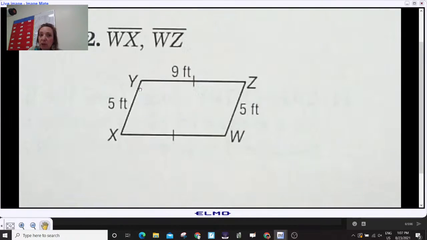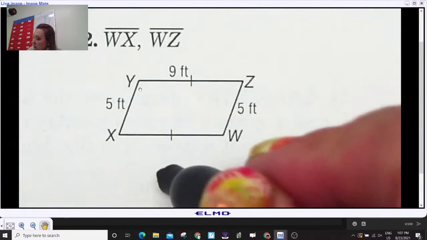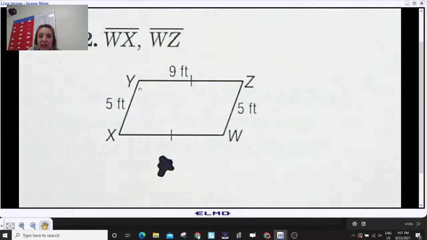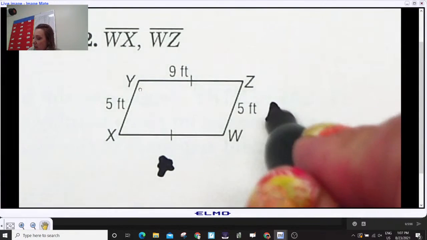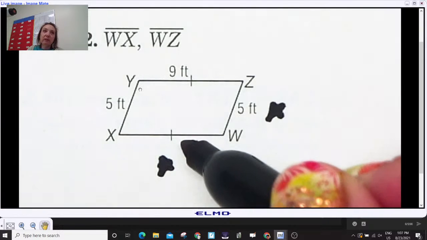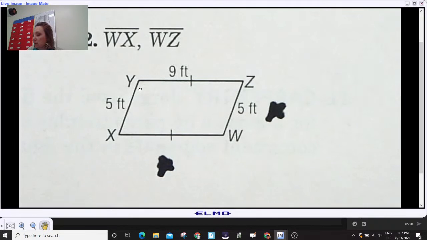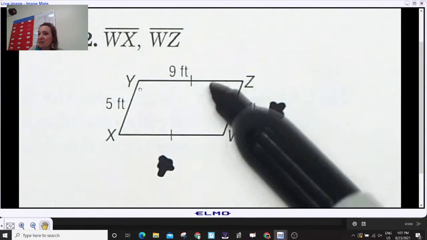All right, look at this one, number 12. On number 12, it's WX. That's this guy. And WZ, that's that guy. How do you know there's not even a number down here? What does that little tick mark indicate? That's right. The tick marks being the same means these sides are the same.